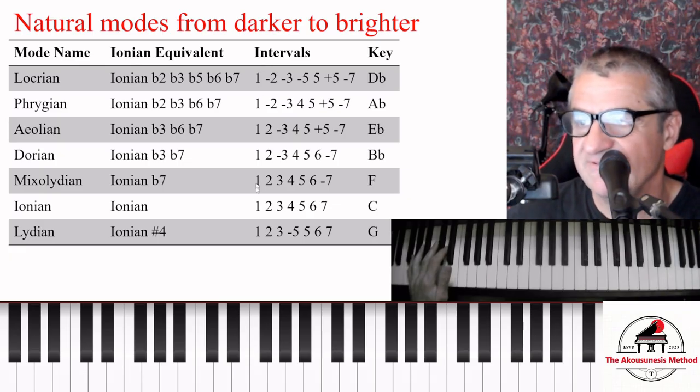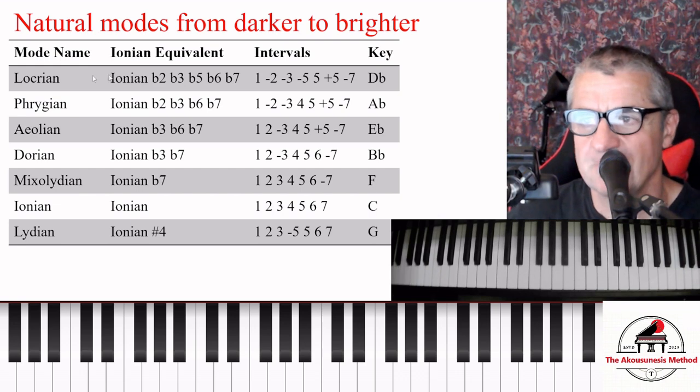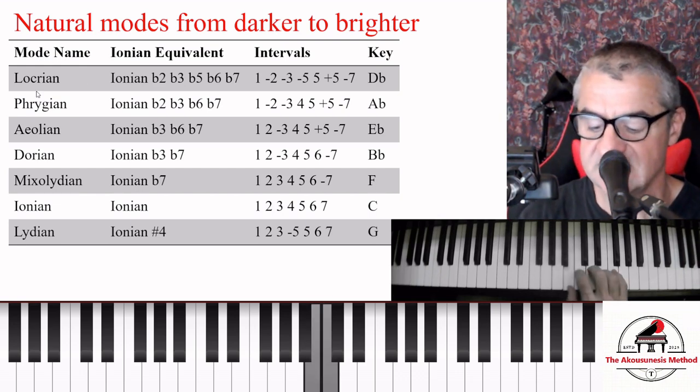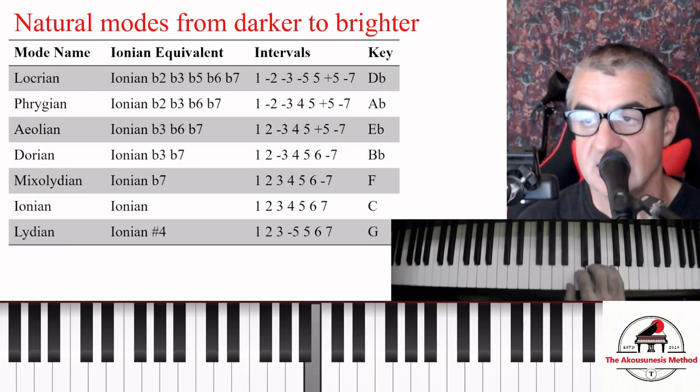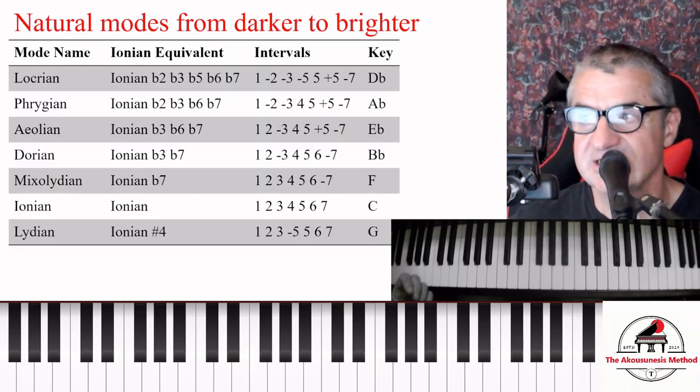Okay. We fix them to the key of C to find them. But in other words, what a modal equivalent is: a Locrian, which was this, has a modal equivalence of Ionian with all those flats.